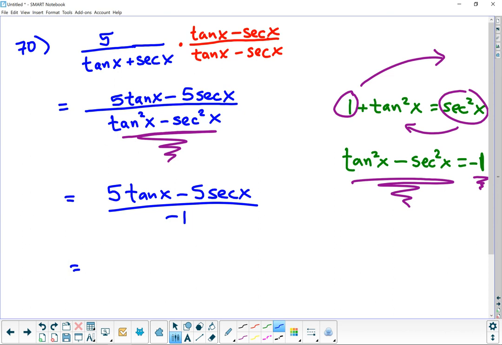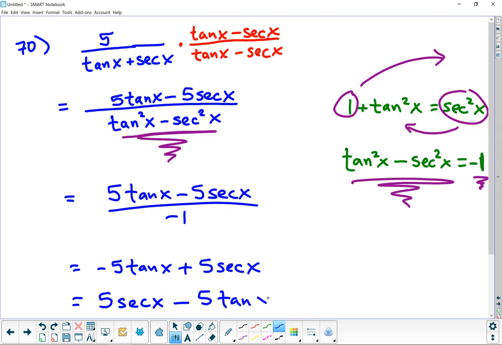So with that, we can finally say the answer is going to be negative 5 tangent x plus 5 secant x. Ooh, and I know a better way to write this. Since this is positive and since this is negative, I'm going to write the 5 secant x in the front and then the minus 5 tangent x in the back, and that is your final answer.